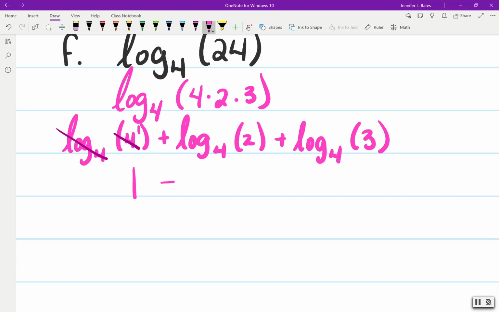So then I know this is just 1 plus, and then log base 4 of 2 is 0.7925, and log base 4 of 3 is 0.5. So when I grab my calculator and add these all together, I get 2.2925.